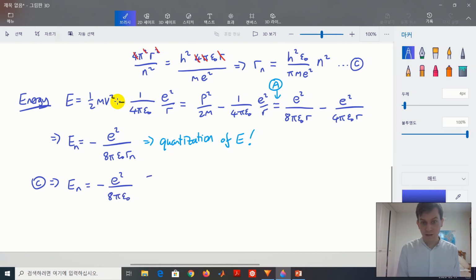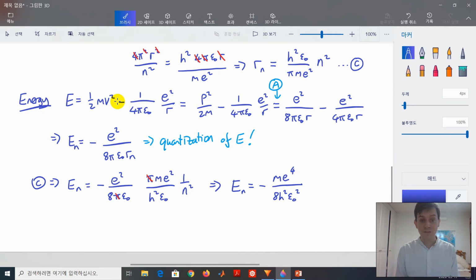So 1 over R_n is pi m e squared over h squared epsilon 0 times 1 over n squared. Okay, and the pi's cancel, and the other terms we can combine together. So this gives you the formula E_n is equal to minus m e to the power 4 over 8 h squared epsilon 0 squared.